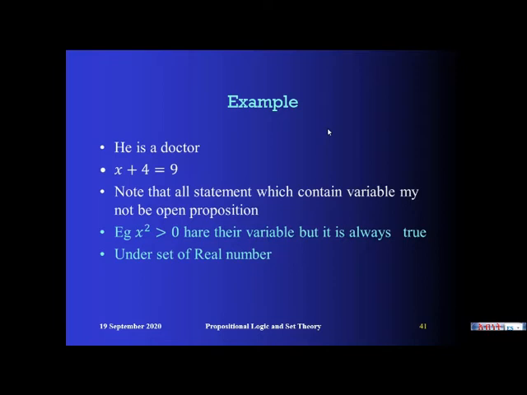For example, let us take x squared greater than 0. Now let us assume our universal set, our domain, is the real numbers. I think you know what real numbers means. We will see it in detail in chapter 2 or chapter 3, I think. As you see, x is a variable, and simply by observing that x is a variable, can you say this is an open statement?